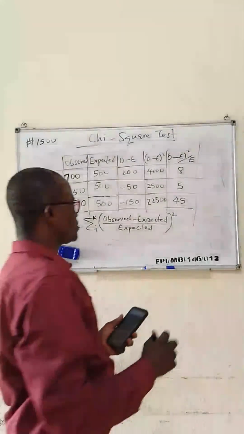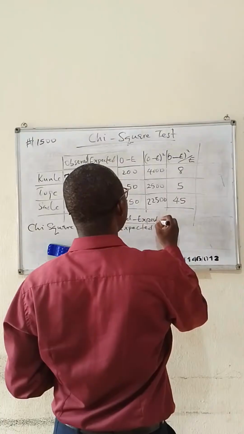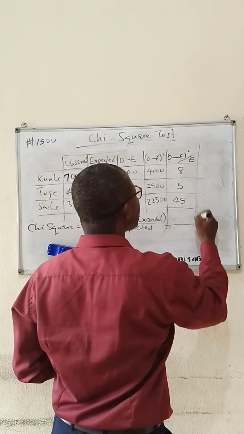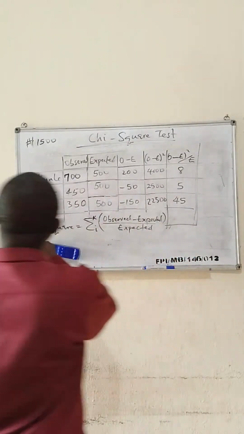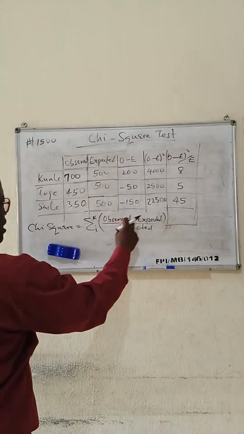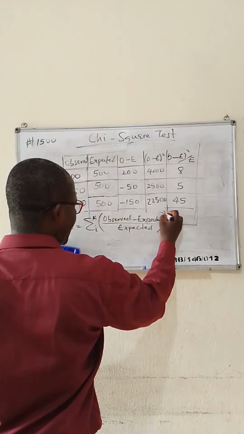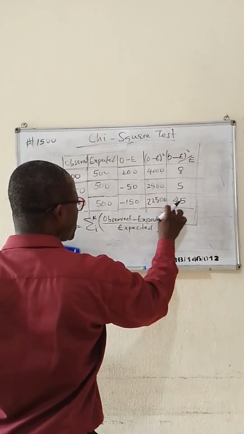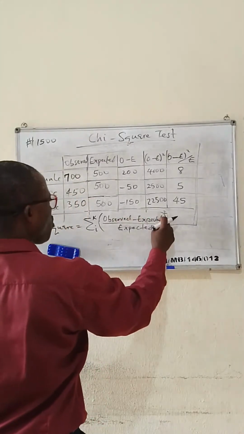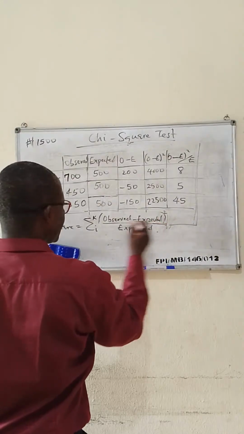Are you following? Okay. So what we now do is this. We do a summation of this last column, and that is our chi-square. Look at the formula. The formula says summation of observed minus expected, squared, divided by the expected.